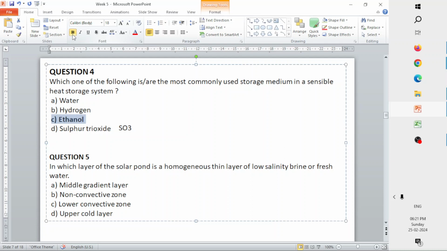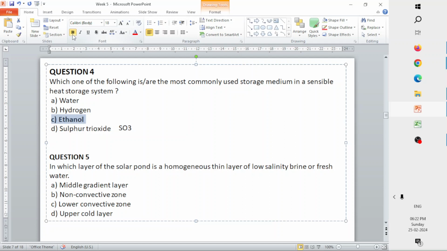Hydrogen, as such, may not be a sensible heat energy storage system. This will be prominent mostly in the thermochemical category, but there also it is not a dissociating reaction.